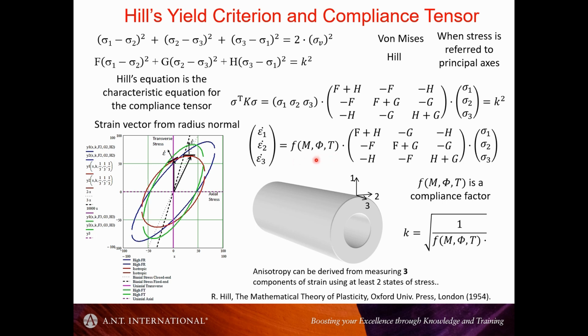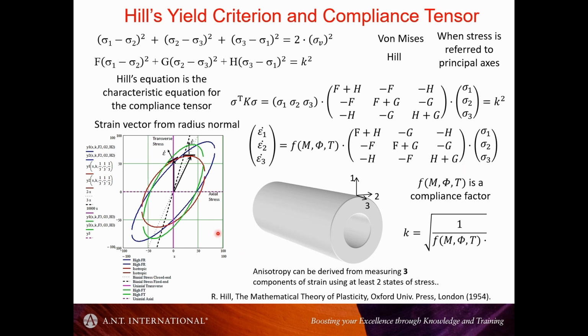Sometimes people call that a compliance, but it's a factor, and you can get to the same answer here just based on a tensor consideration. So just simply wanting to describe the strain rate in 3 different directions, one can relate that to the stress by what amounts to a set of balance equations. And the balance here is volume. The volume has to be conserved.